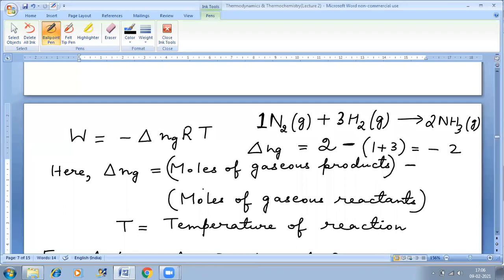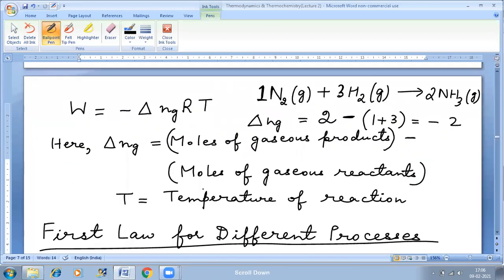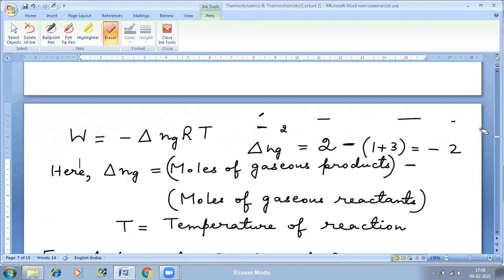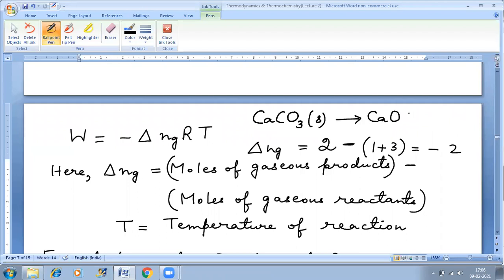Similarly, if I have another reaction, let's say we have this reaction. This is the reaction for us.